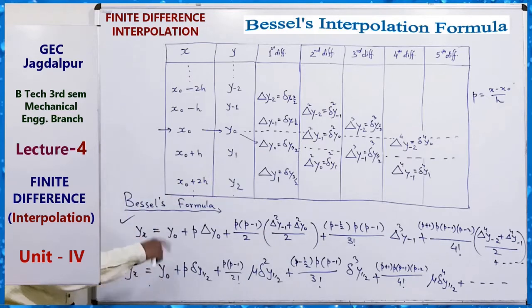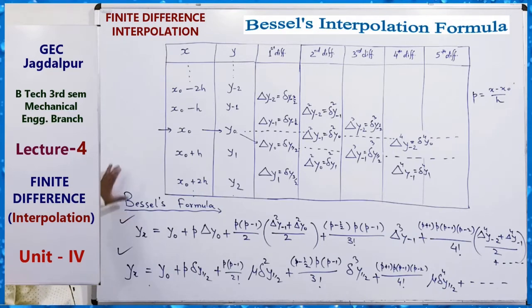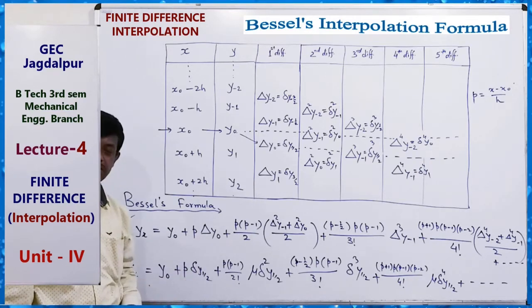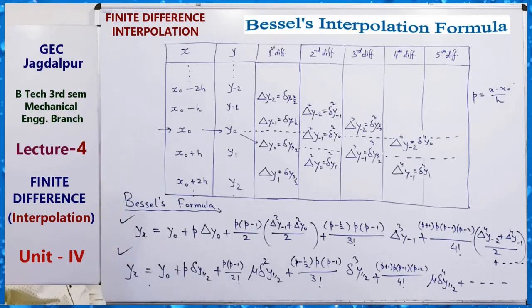So these two are formulas for interpolation of centrally lying values. For such values, Bessel's formula is this in terms of forward notation, and this in terms of central notation. Okay, so note down this formula, very, very important.